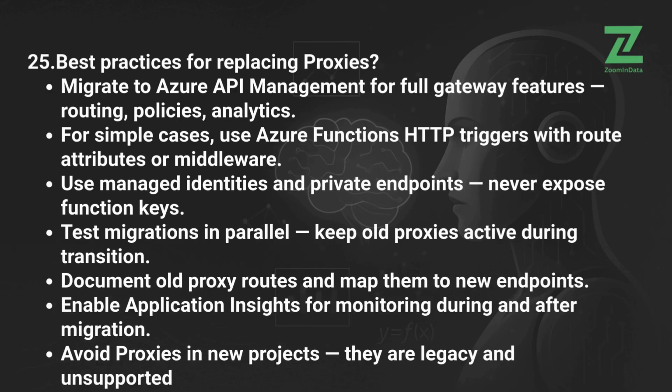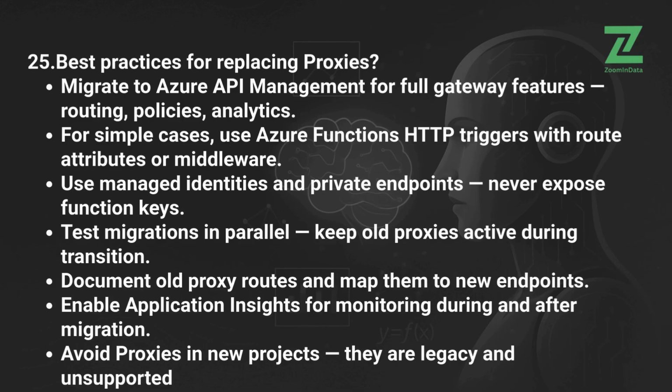Best practices for replacing proxies. Migrate to Azure API Management for full gateway features: routing, policies, analytics. For simple cases, use Azure Functions HTTP triggers with route attributes or middleware. Use managed identities and private endpoints.